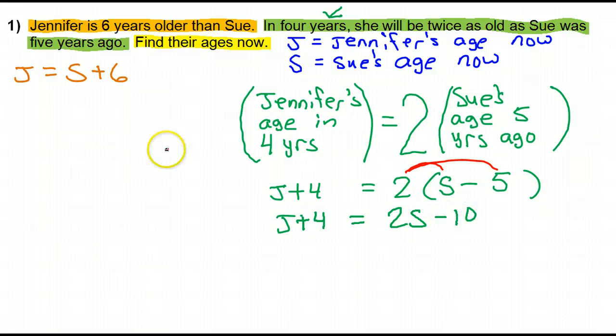So look, these are the equations that we have. We have this equation over here in orange, and then we have this new green equation. All right, look, it's time to do our substitution.